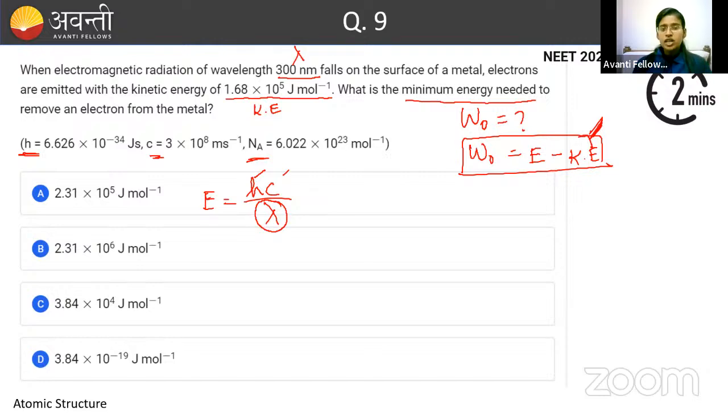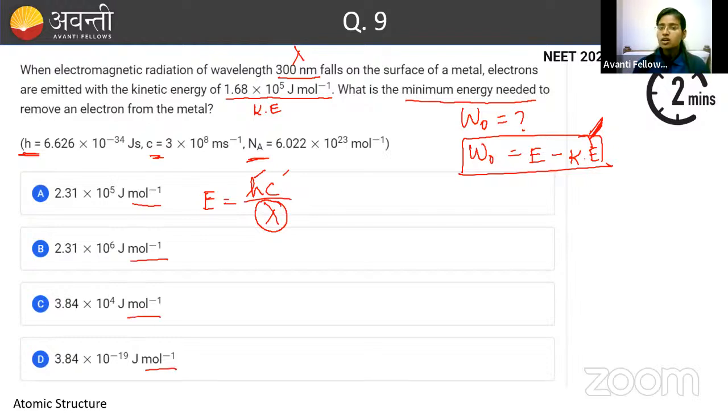But we have to find out for 1 mole of electrons, because in all the options it is given per mole.